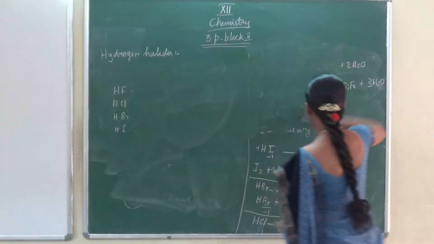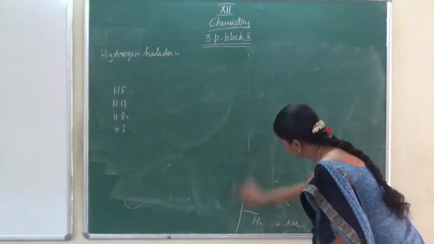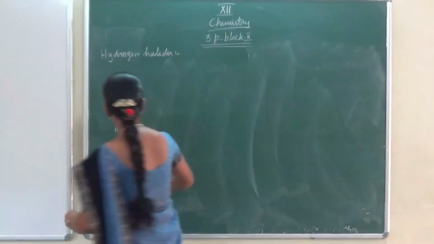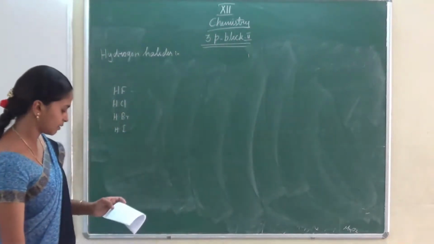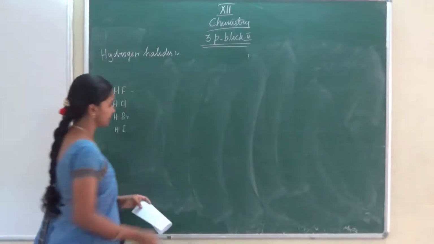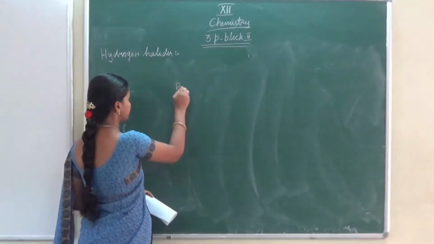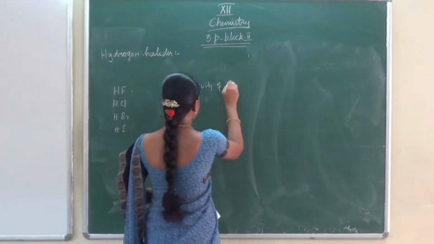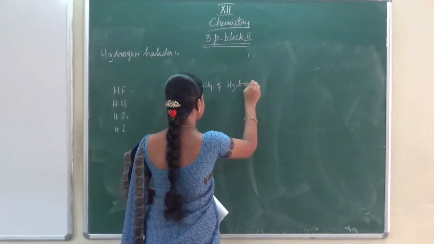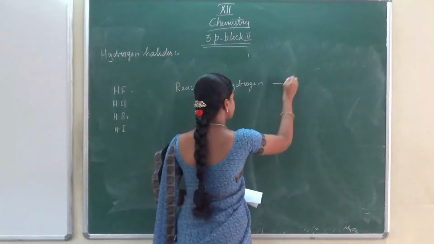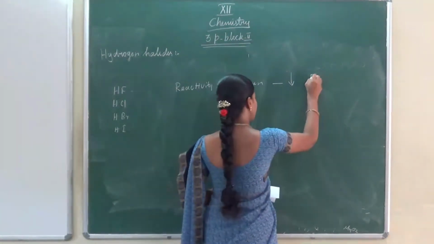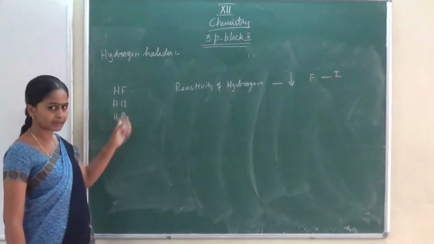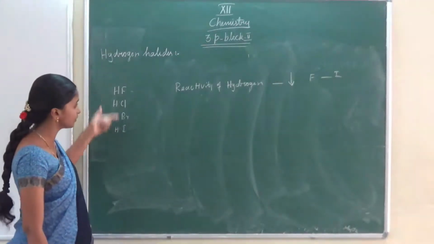First, reaction with hydrogen: the reactivity towards hydrogen decreases from fluorine to iodine, as we discussed based on size.